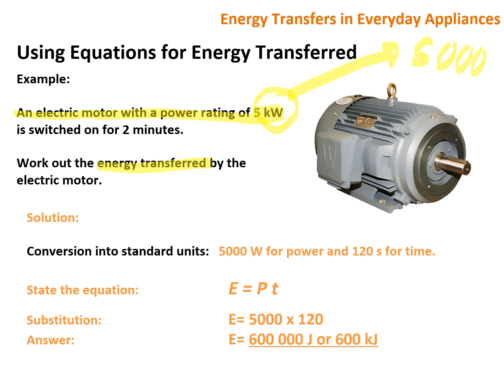So I know from my equation sheet, I go for energy is power times time. 5,000 watts. 2 minutes? No, not 2 minutes. 2 times 60 is 120 seconds down here. There. And then I'll stick it in my calculator.